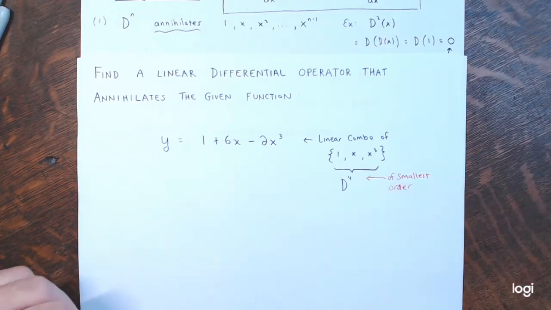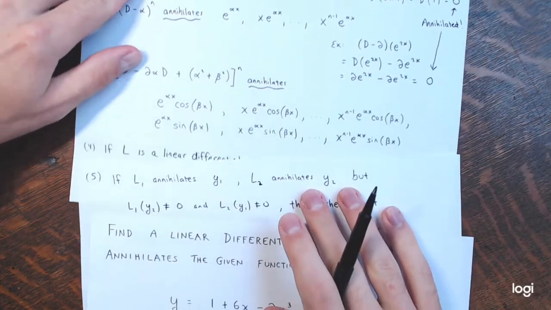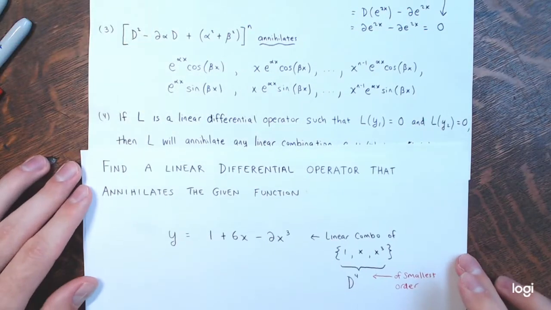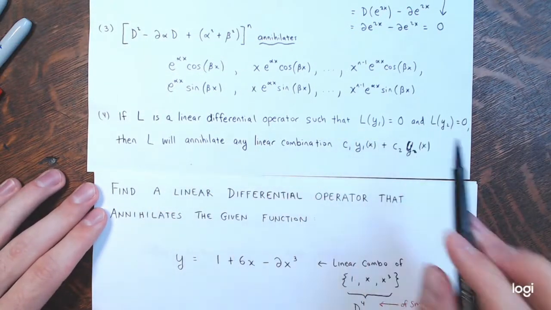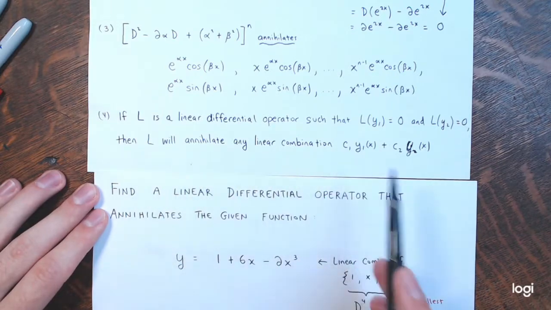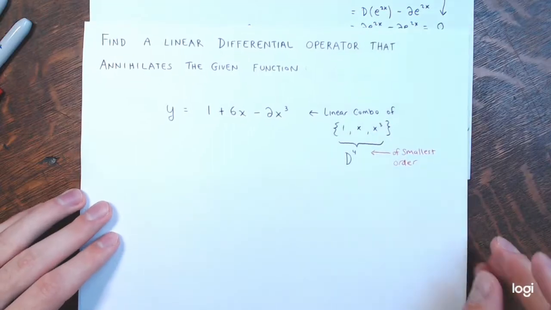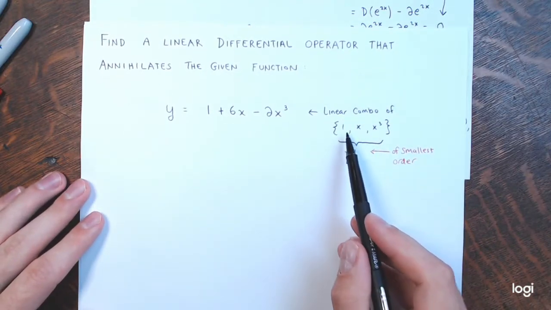Right, and as was stated in rule number 4 I wrote, if we know of an operator that annihilates several functions, that same operator will annihilate any linear combination of those functions. So d to the fourth will annihilate, take the fourth derivative of 1, 0.